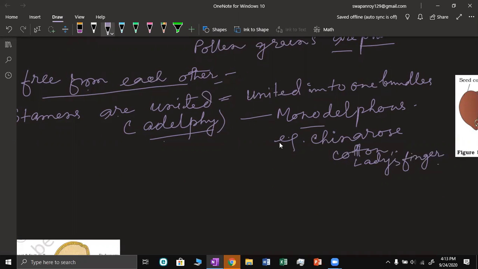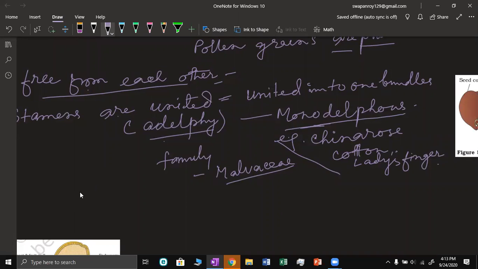Well, they belong to this monoadelphous condition, found in the family called Malvaceae. Okay, Malvaceae or cotton family. So in this, all the plants have monoadelphous stamens.